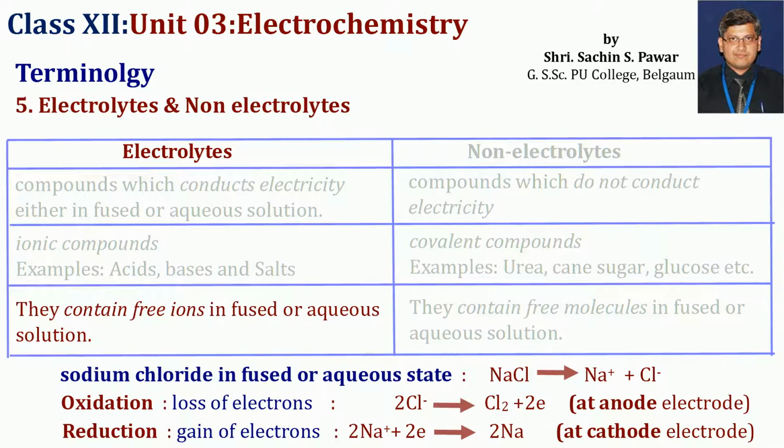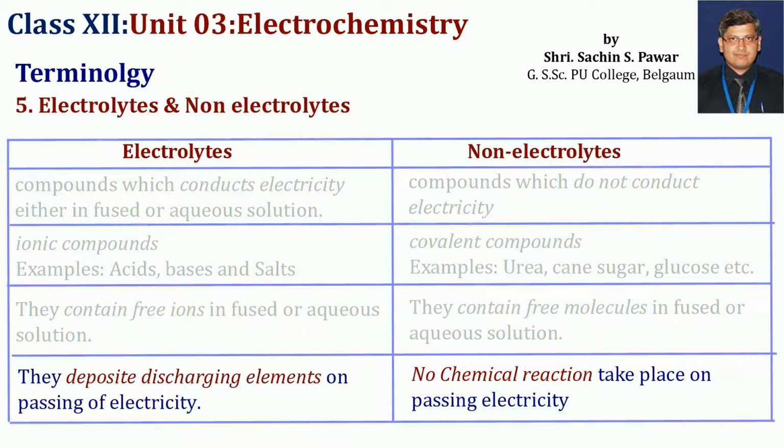Just as we have learnt, sodium chloride in fused or aqueous state ionizes to form Na+ and Cl- ions. That is the job of electrolyte. If I pass electricity through this fused or aqueous state of sodium chloride, you will see that the Na+ ions will move towards the cathode and get discharged as sodium atom, and Cl- ions move towards the anode and get discharged as chlorine gas.